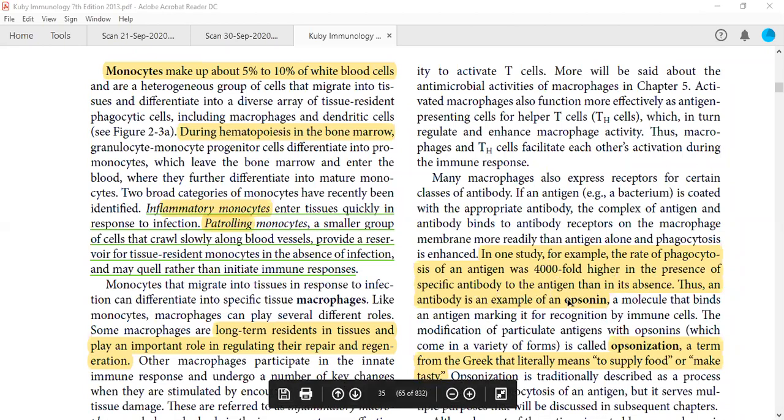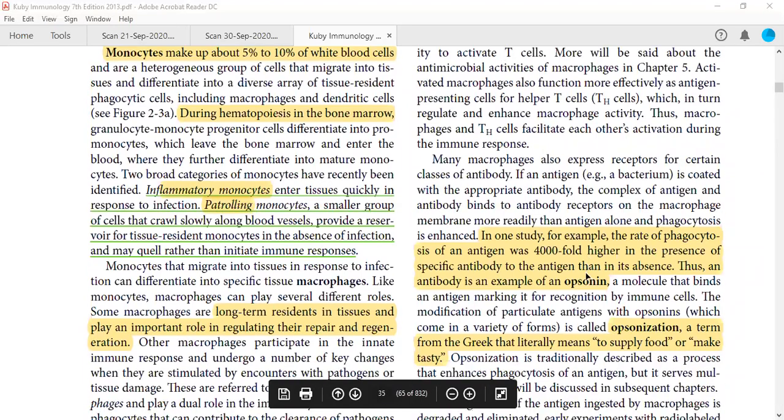These are called opsonins, either antibodies or some complement proteins, for example, C3b, C4b. We already have covered this in our previous classes. They are major opsonin proteins, and they will perform the opsonization, or they will coat that particular pathogen or antigen, and they will enhance the rate of phagocytosis by about 4,000 fold. So this is a huge increase, right?